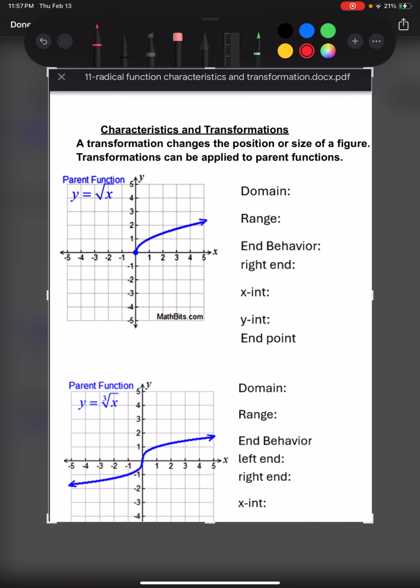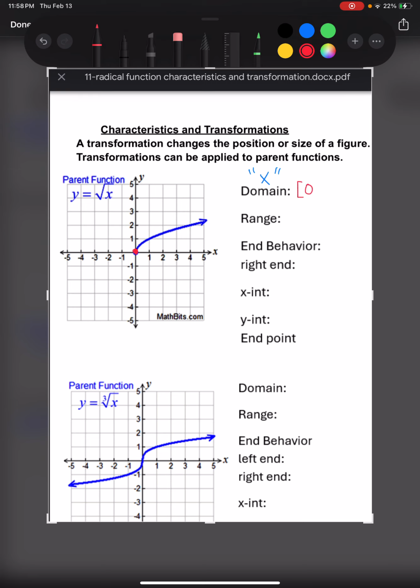Do you guys remember what domain is? Domains, you can think about x. So x goes from left to right. So we're going to try to read the graph from the very left to the very right. The very left point that I see is this one. So your domain starts from that point, which is 0.